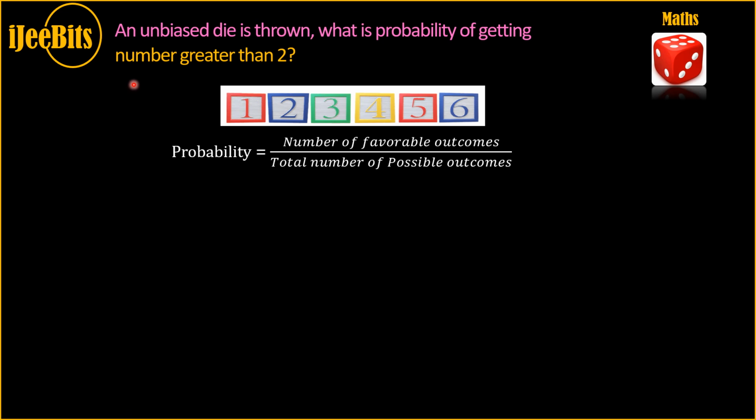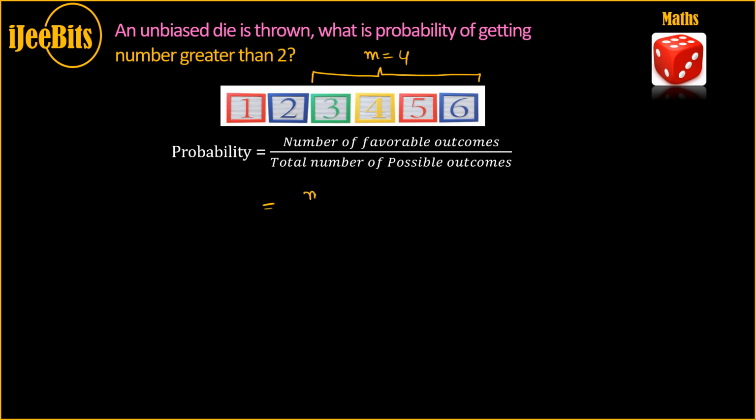Look at this case. What is the probability of getting a number greater than 2? Your favorable outcomes here, how many? Number greater than 2 means you are targeting only these numbers, which is 4. So your m equals 4.